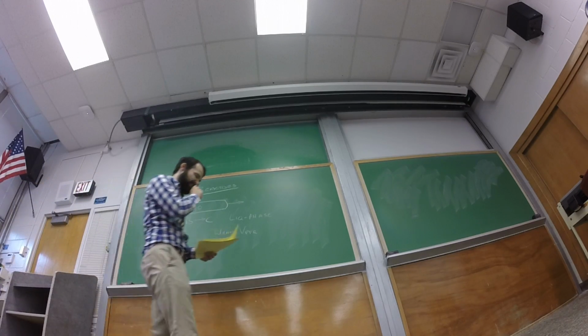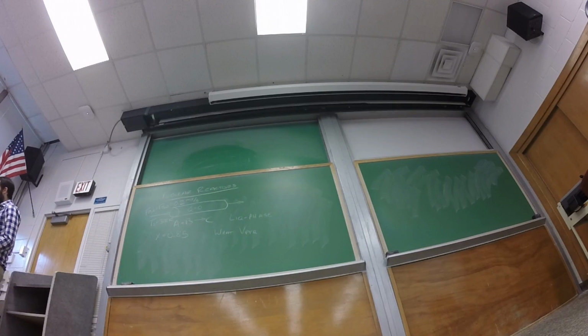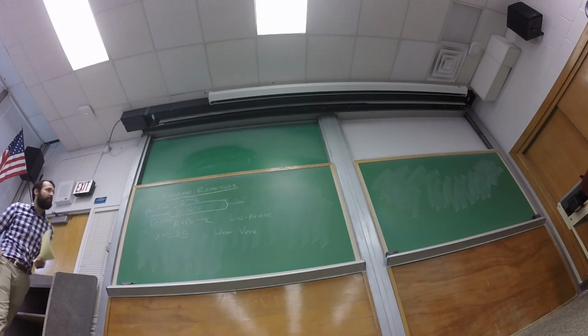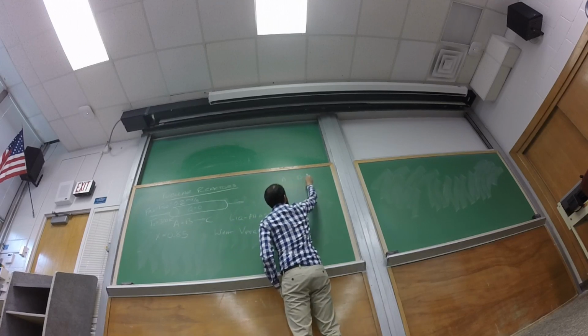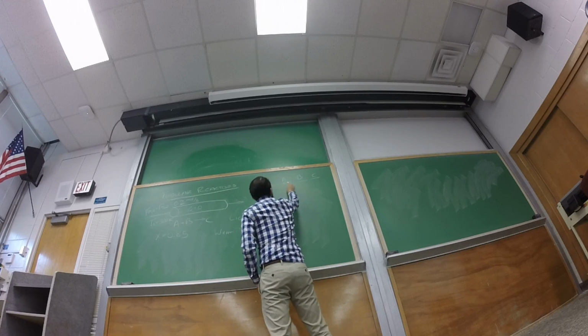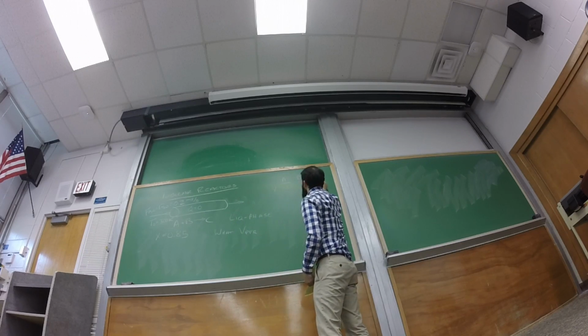Some other information. The heat capacity of each species. So I'm just going to make a little table of information given. The stoichiometric coefficients are -1, -1, and 1.